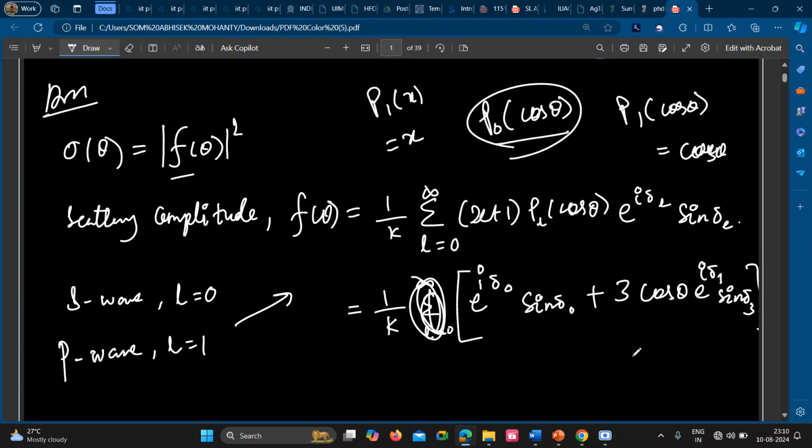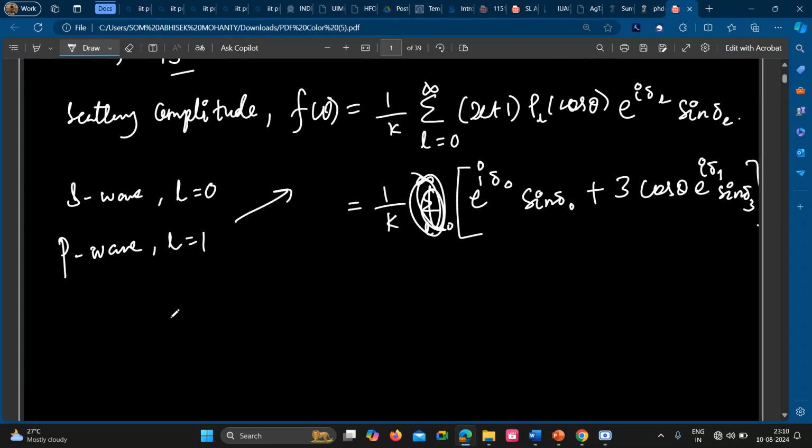Now we have to square it to get our sigma theta. Sigma theta is the scattering amplitude whole square.